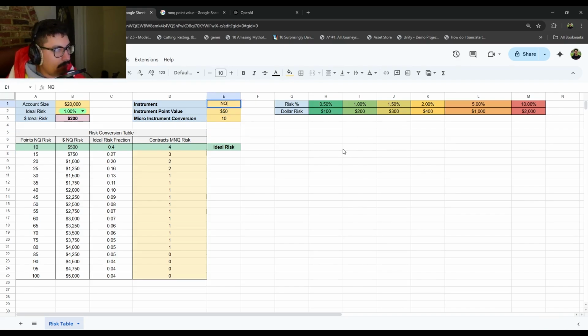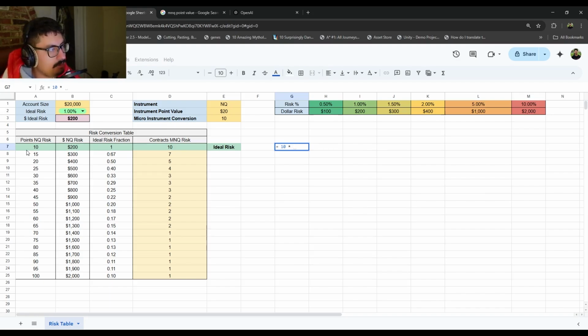So if we put this back to NQ, $20 a point, 10 micros per point, 10 micros per E-mini point. Same deal. It's easy here because our ideal risk is 200. 10 points is 200, but it's just the same equation. 10-point move times the $20.